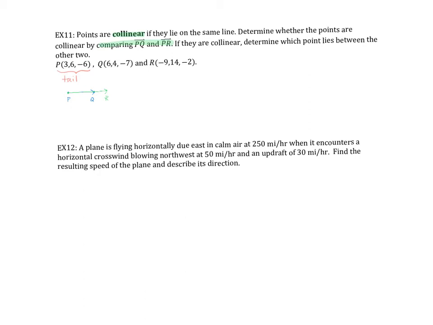The thing is that these vectors are going to be parallel. It's also possible that you could have PQ and maybe the other vector PR goes in the opposite direction. But notice even if it does go in the opposite direction, the two vectors are still parallel. Okay. So comparing the two vectors PQ and PR tells me if they're parallel, then P, Q, and R, those points, are going to be collinear. They're going to lie on the same line.